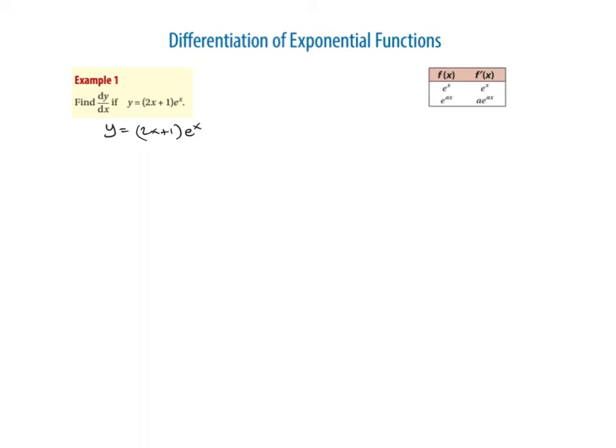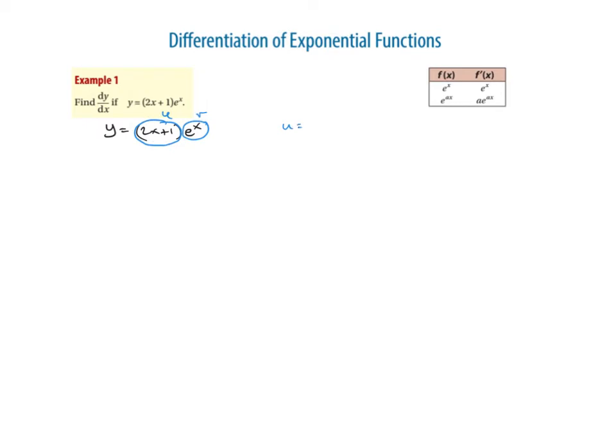And the first thing hopefully you'll notice is we have 2x plus 1 in a bracket multiplied by e to the x. So what we have here is a product rule. So the first thing we need to do is go to the side, label the first one u, the second one v, and work out the differentials of u and v.